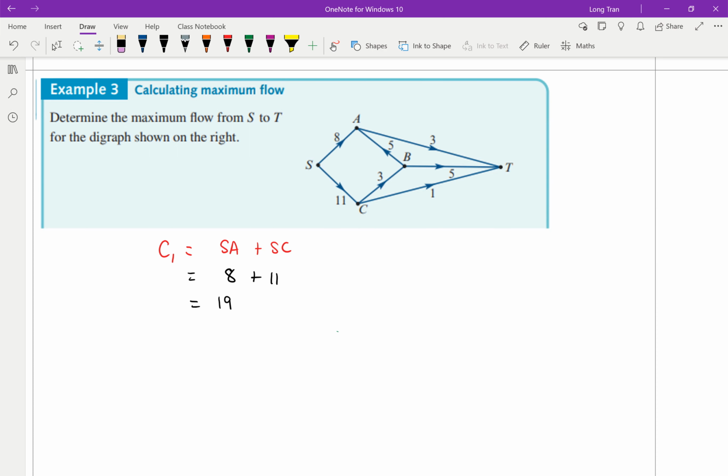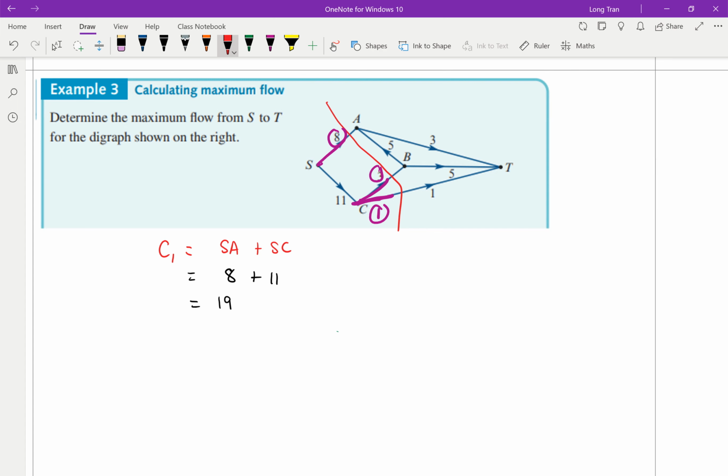That completely separates the source side from the sink side. Here, from the source to the sink, I've got 3, and then from here out, I've still got 8.